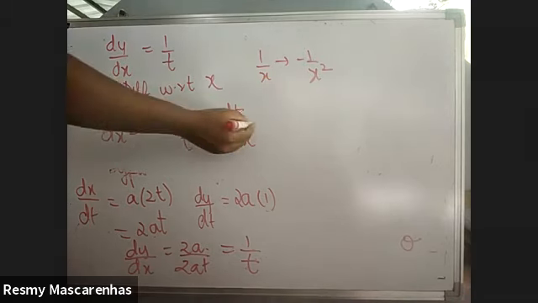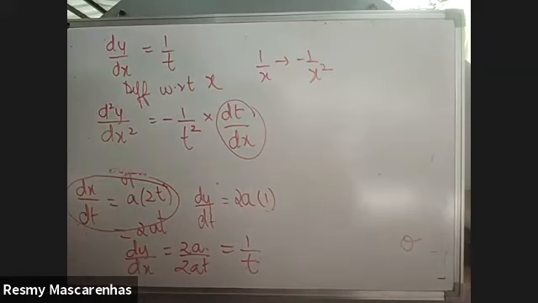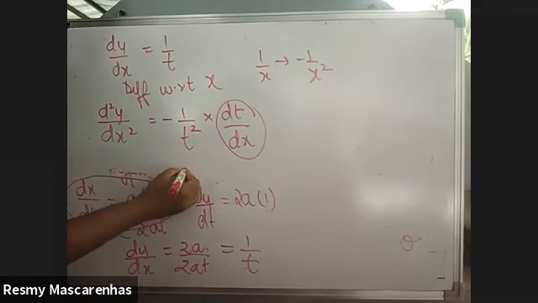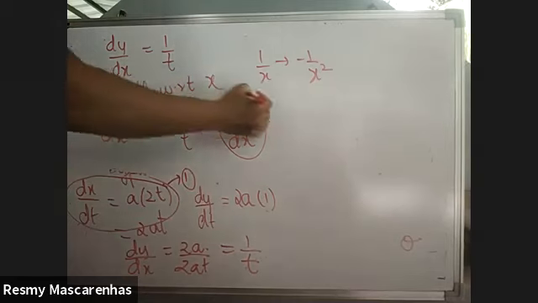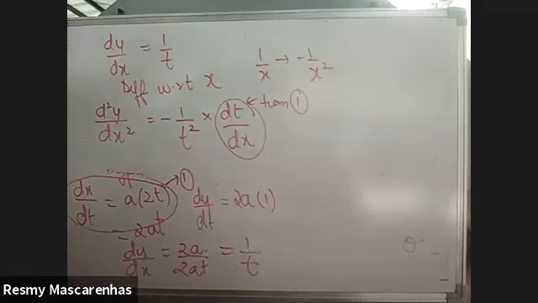Okay. And this answer, I told you, you will find over here. Reverse this answer and put it here. This is dt upon dx, this is dx upon dt. So dt upon dx will be 1 upon 2at. If you want to mark this as equation 1, then from 1 you get the answer.